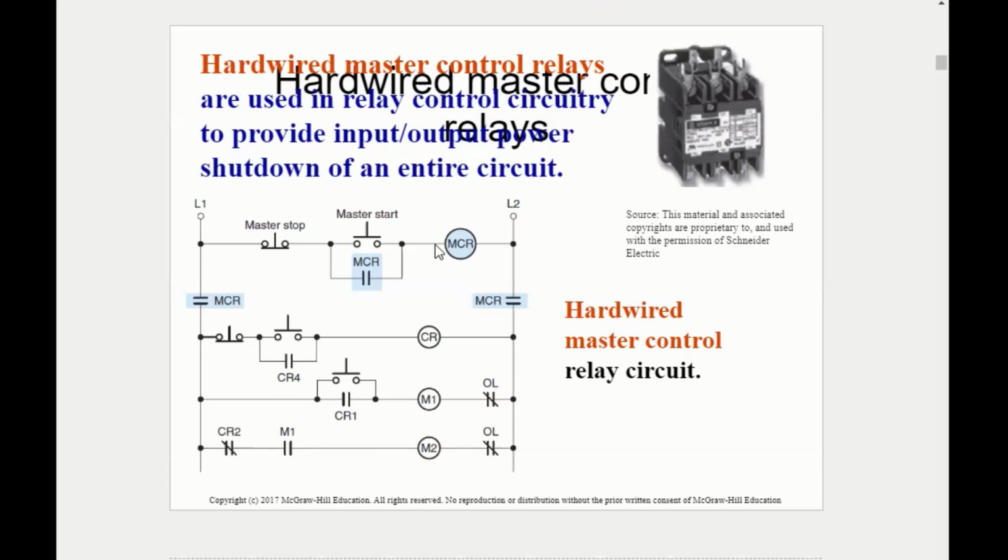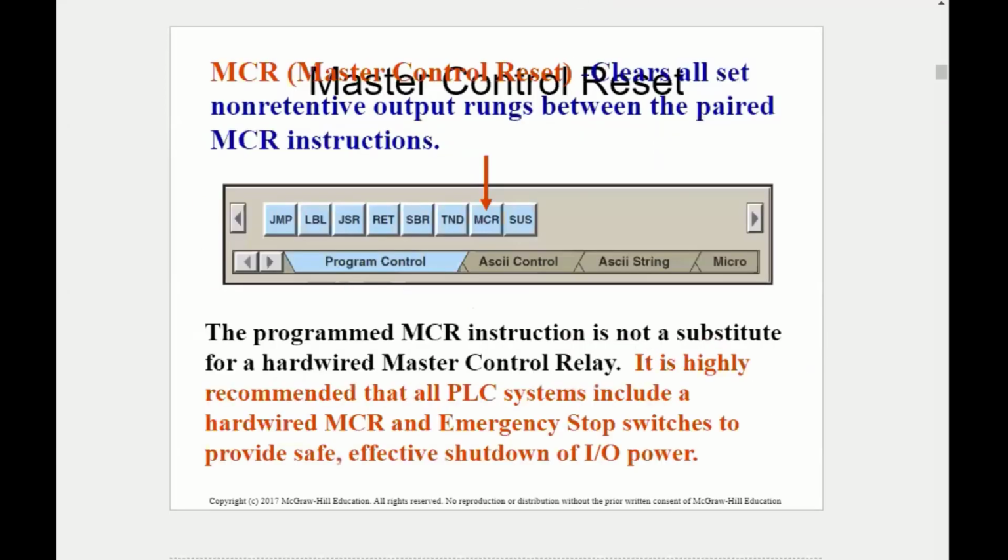So there is a hardware-based master control relay instruction called MCR, and in the software world it clears all non-retentive output rungs between the pair of MCR instructions.